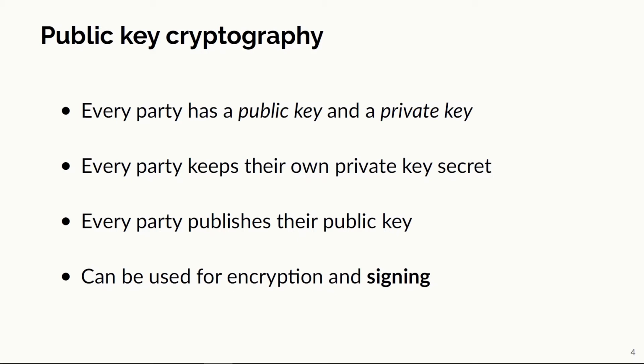A public key can be used for encryption and also signing, and for the focus of this tutorial, and in most blockchain applications, we use public key cryptography for signing. Signing has this nice property: we sign certain data with our private key, and anyone else can verify that this data was signed by us.